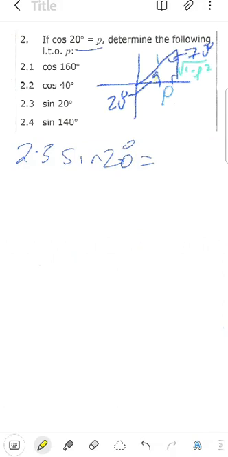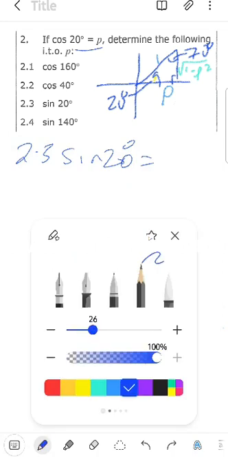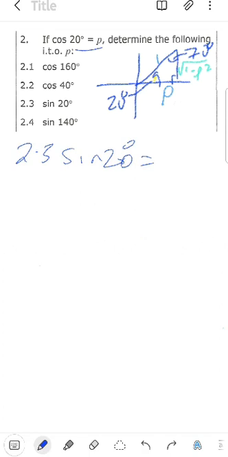If we are here, then the sine is the y value here, which is the square root of 1 minus p squared over 1. So this is just the answer there.